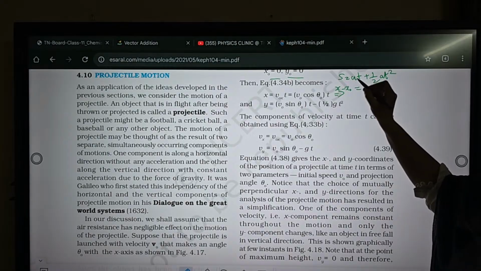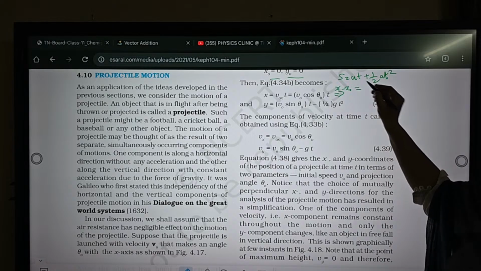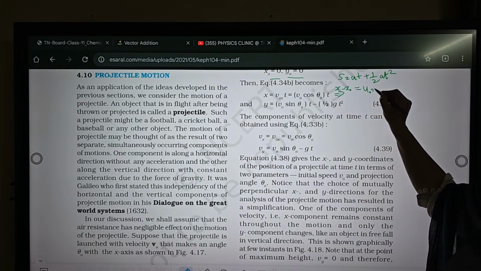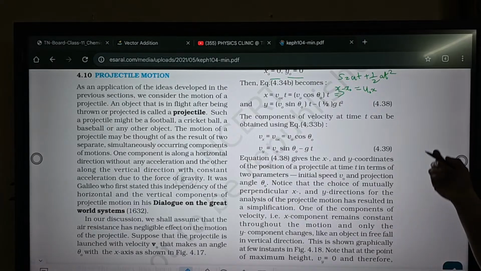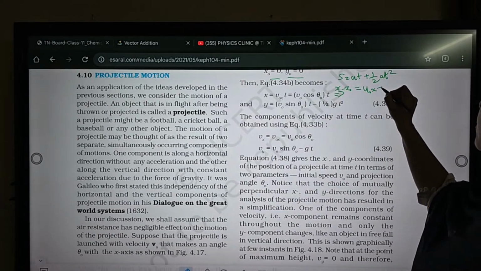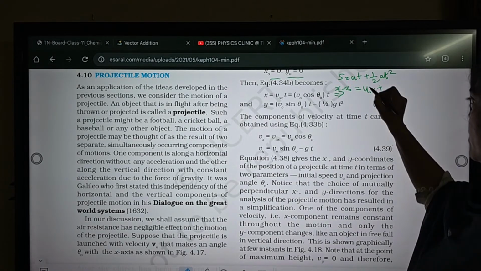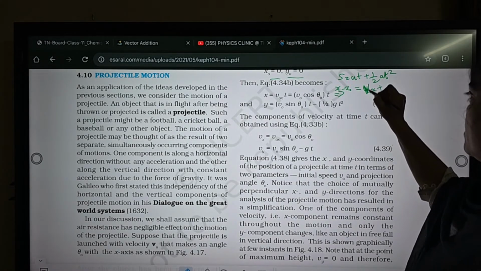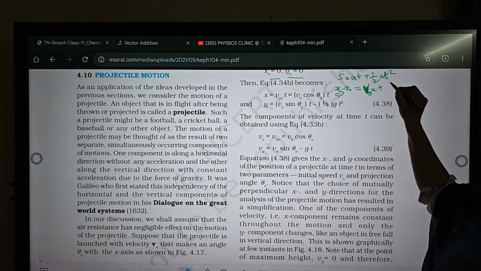Then u will be, first, the u naught x component, plus, u will be v naught here. We are taking it as v naught only, the v naught x component. What about this along the x axis?